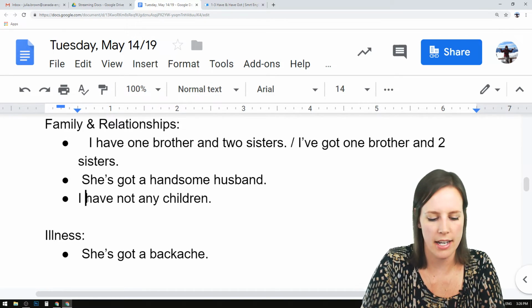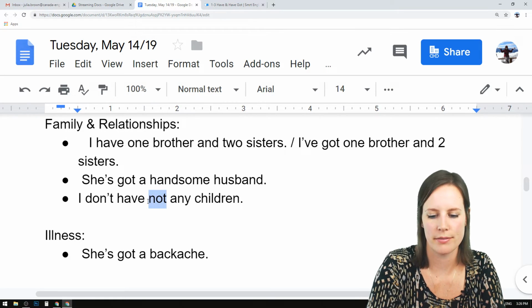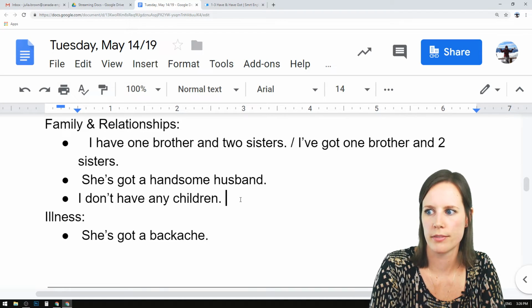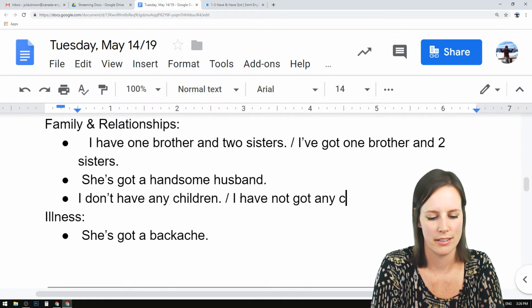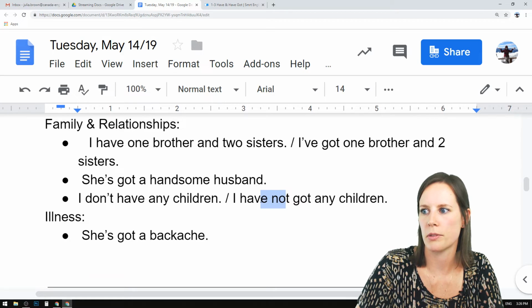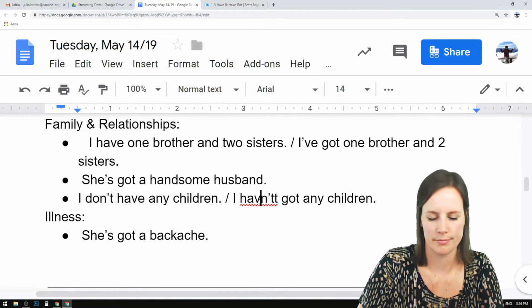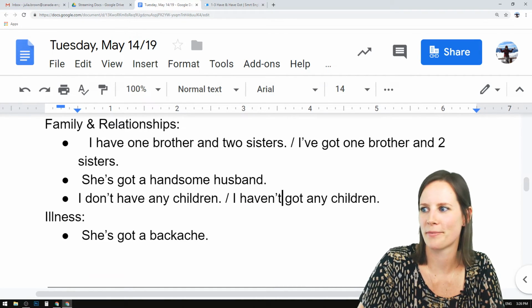So you can say I don't have and delete not any children, or you can say I have not got, or I haven't got any children. Okay, we'll contract it because that's more common. There we go.